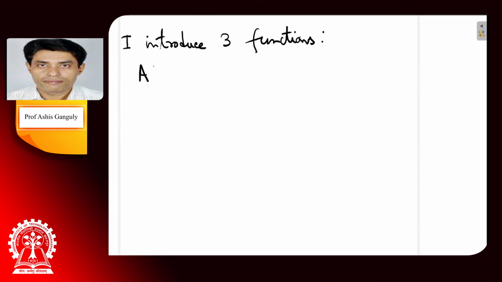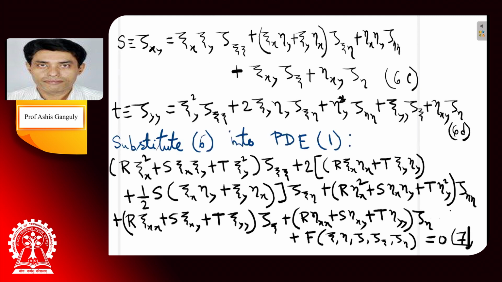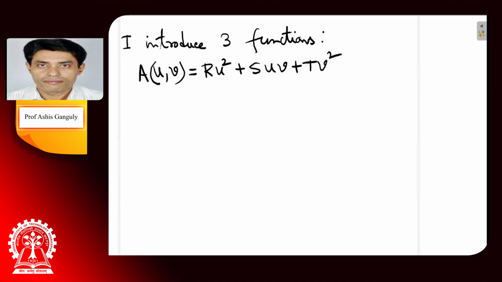So the first is a function of 2 variables, which will be r u square plus s u v plus t v square. Okay. What is the equation number I should give here? Let me give here 8a. Then b: it has 4 arguments, u1, u2 semicolon v1, v2.